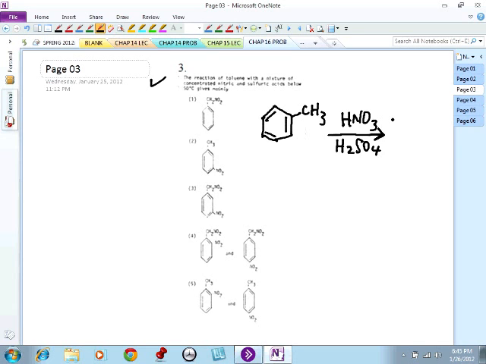What is the product? Also para-director, nitrotoluene, right? Okay, good. So this should be a very simple one. Everybody should be able to get this right.